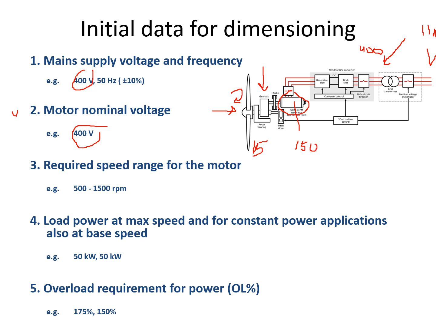And since the wind is not constant, it goes up and down, and there are wind gusts. So 15 will be the rated speed of the blade, and they can also turn at 10 RPM, 5 RPM, and of course then the generator speed will have to be variable in this range.